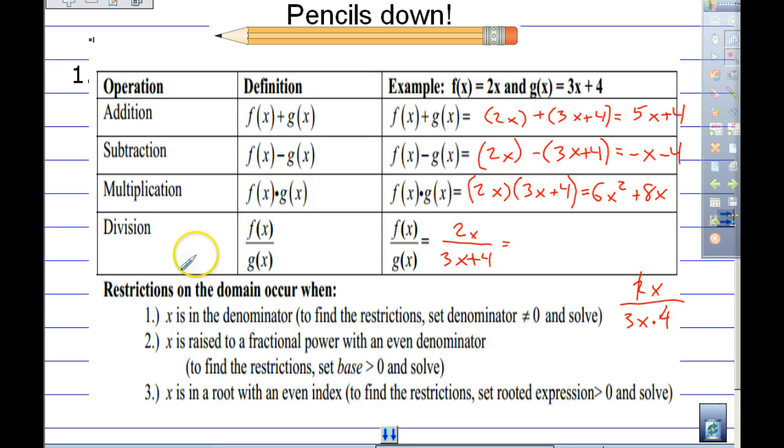Now there's one other thing we have to worry about, and they're written down below. There are some restrictions for domain. The first one is the only one we're really going to worry about today. Second one talks about fractional powers. That'll be after the break. Start doing a lot of fractional powers. And the third one is a little bit later too.